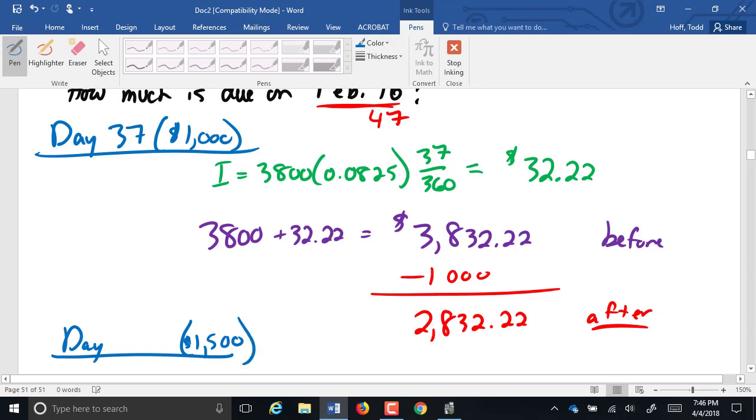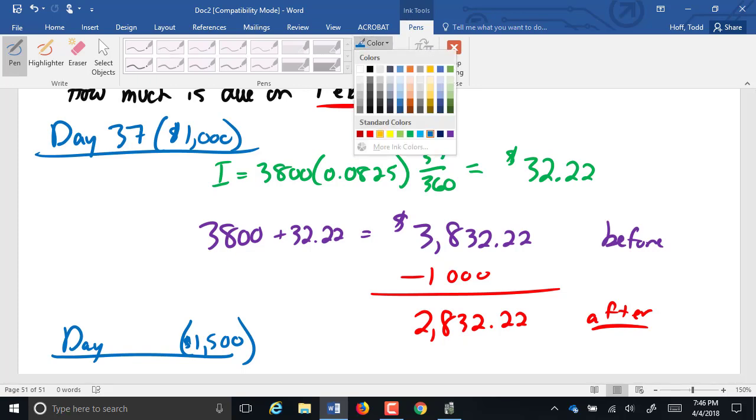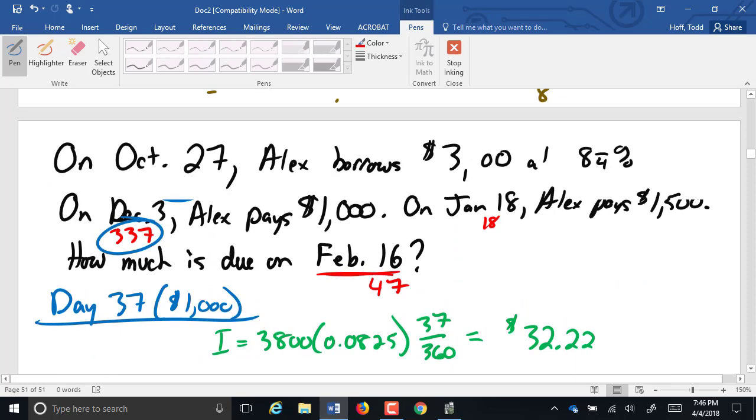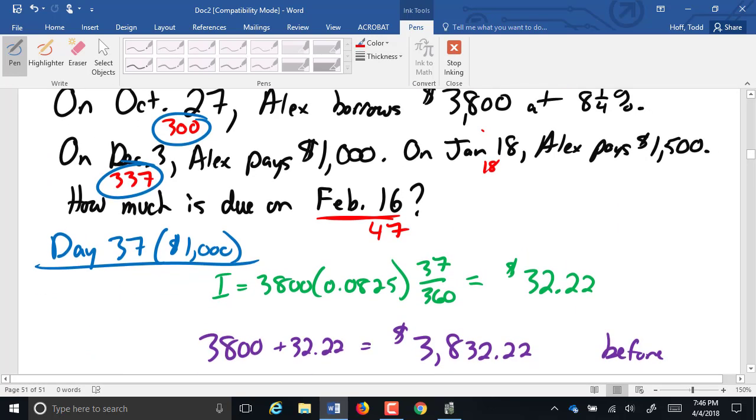Our next event is that $1,500 payment. What day? Yep, January 18th. So we've got to figure out the days that we're going to take the 337, subtract it from 365. That's 28 days from December 3rd to the end of the year.